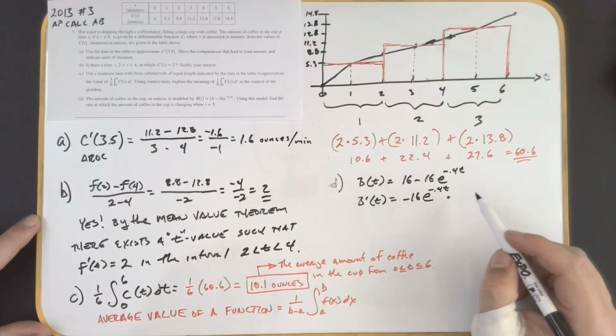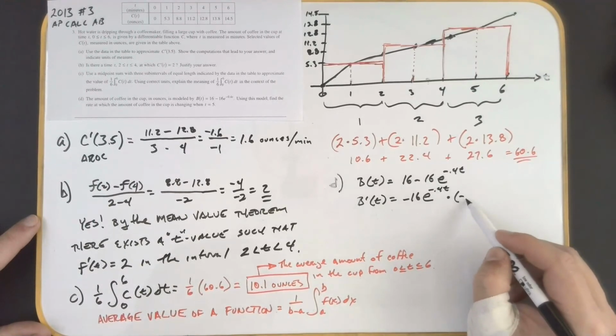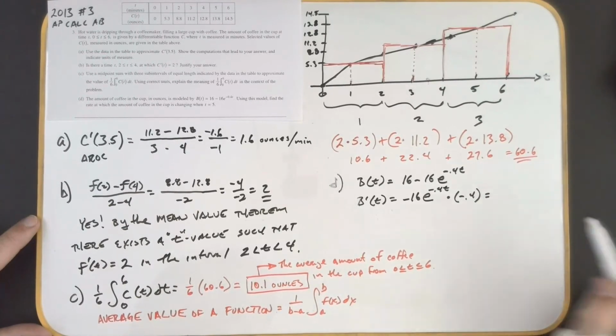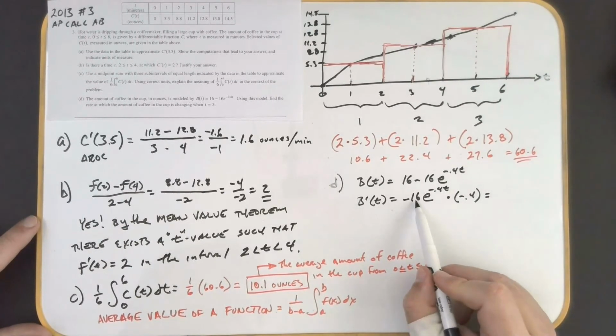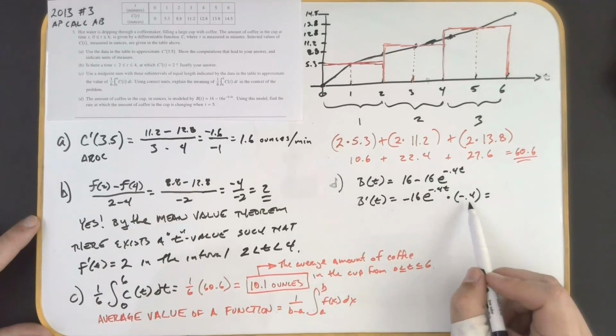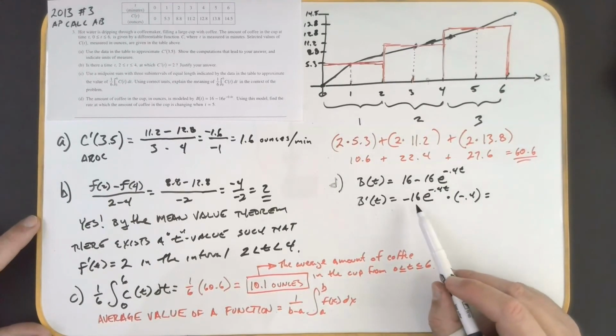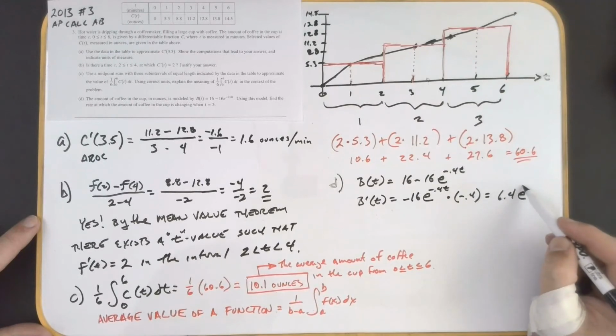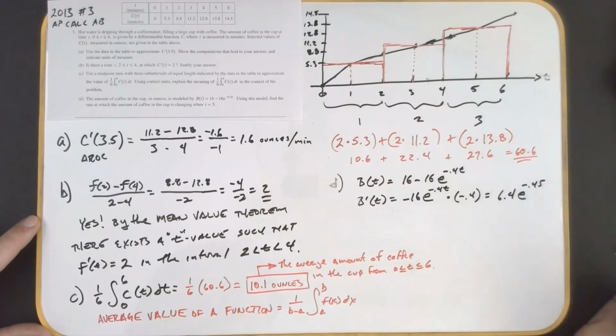And the derivative of the exponent here is just negative 0.4. All right. So if you clean that up, 0.4 times 16, 4 times 16 is 64, but we have a decimal here, so it's 6.4. A negative times a negative is a positive. So if you clean this up, you wind up with 6.4e to the negative 0.4t.